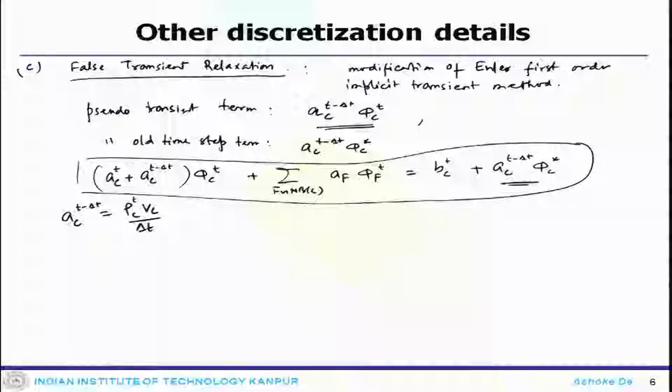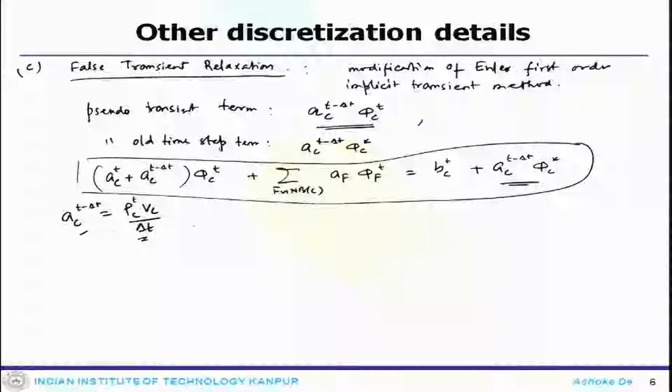But if you have a very small delta t, then the added term becomes quite large and dominates over the other terms, and the solution is heavily under relaxed due to the small change in the value of phi_C from phi_C star.